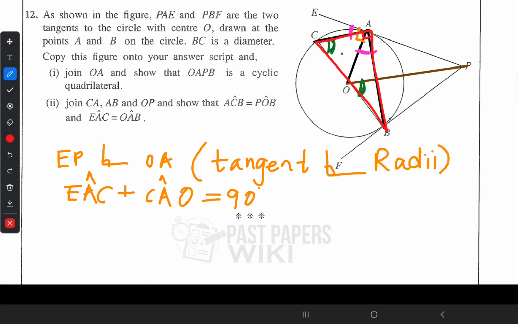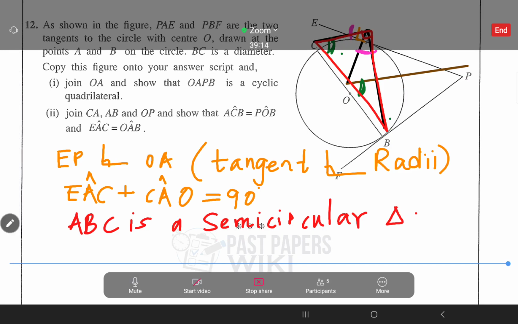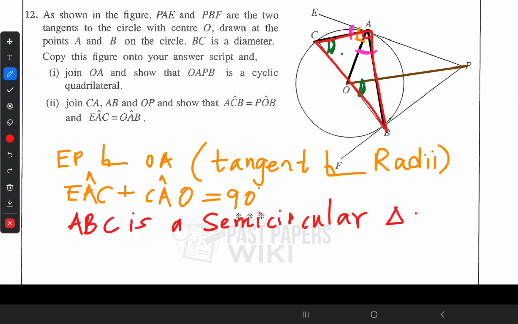So ABC is a semicircular triangle. That means it will be subtended on the circumference at 90 degrees. So this one was split into two angles, so the sum of this angle and this angle equals 90.